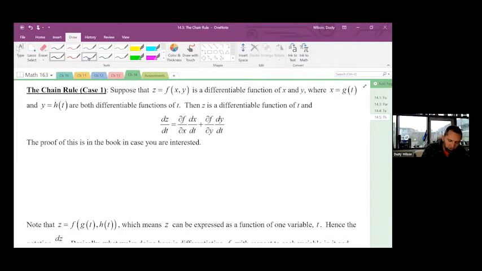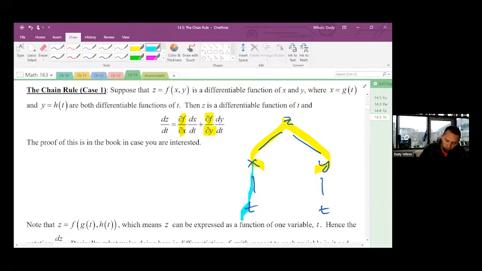Just so that you're seeing the language, we're saying that you have some z that's a function of x and y, and x is a function of t, y is a function of t. Notice that z is a function of two variables, and so we have partial derivatives with respect to x and y, but x is a function of just one variable and y is a function of just one variable.